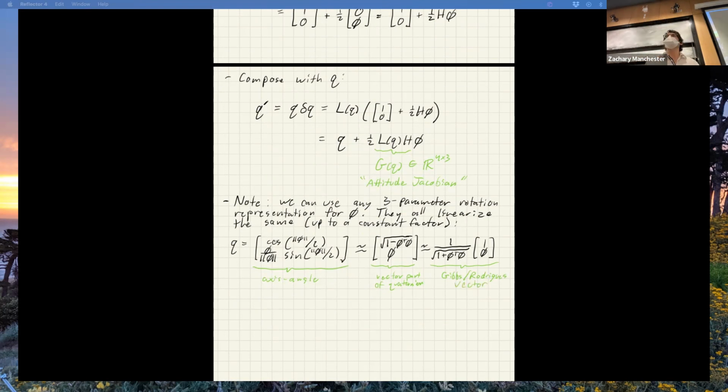Okay, so these are a bunch of options. Like I said, you can also use Euler angles. I don't recommend it. For the purposes of this class, we're just going to use the vector part of the quaternion. That's the easiest, most straightforward option. So that's what's going to be on all the homeworks, but you can plug in any of these that you feel like.